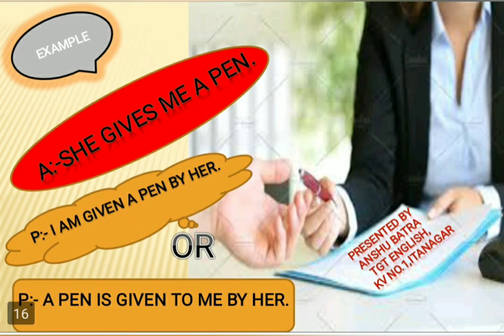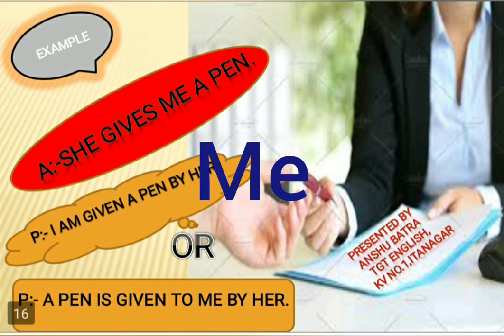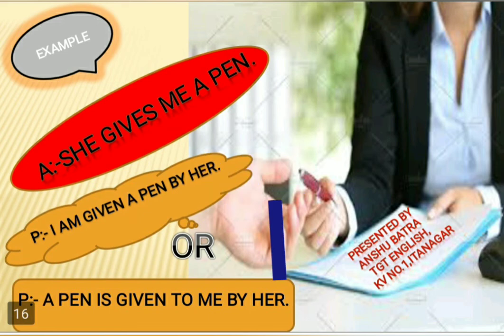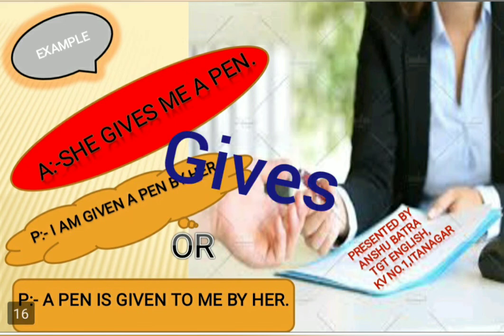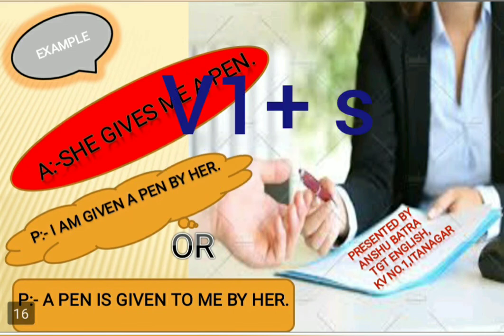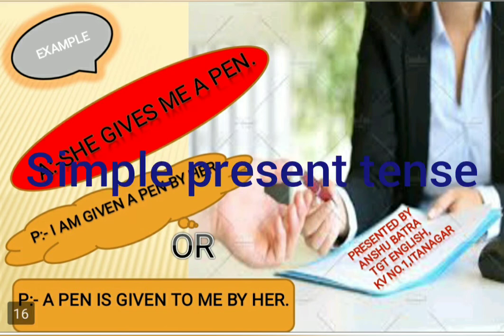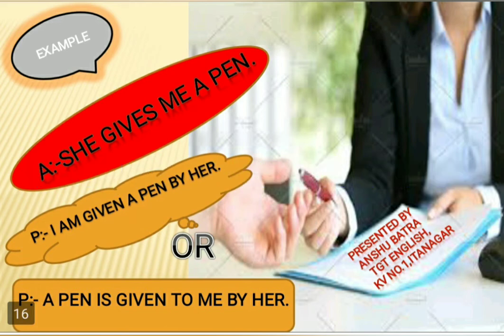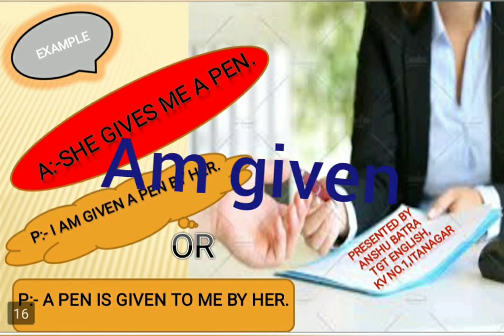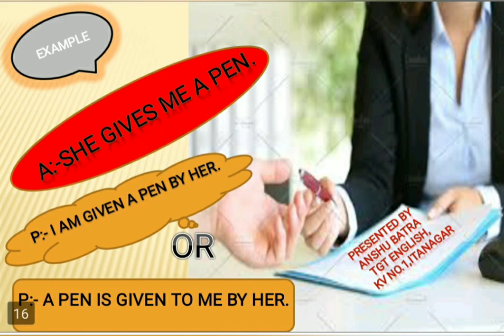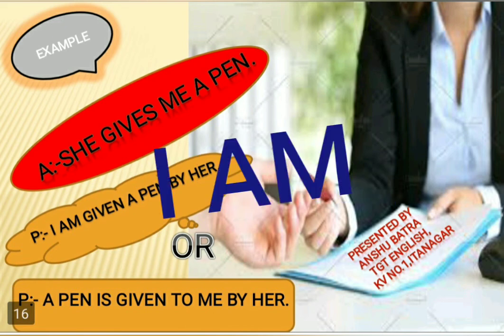So indirect object is me, and if it comes in subject place, it will become I. And because active verb is gives, means V1 plus S, which represents simple present tense, its passive verb will become am given, because with I we use am as helping verb.